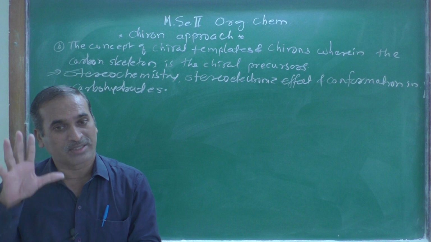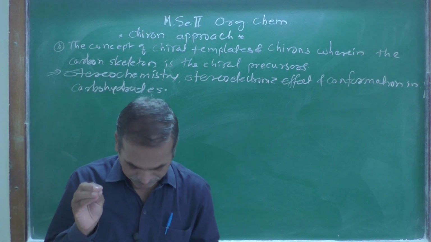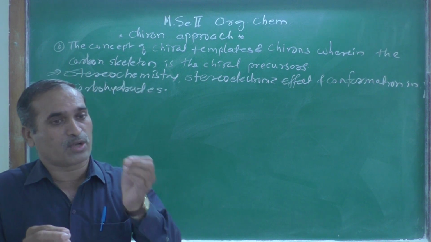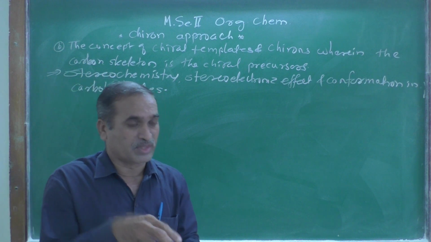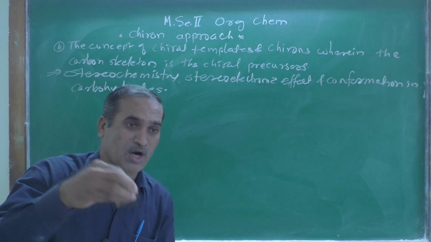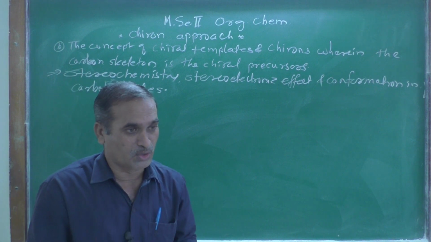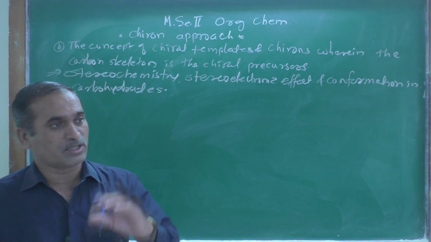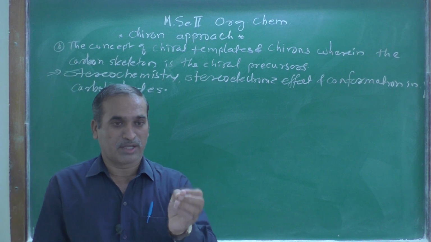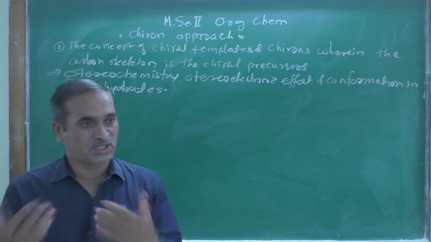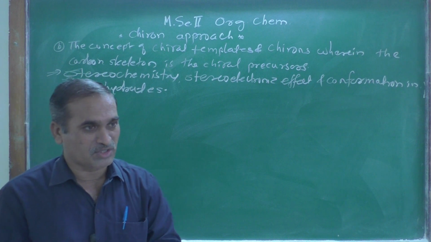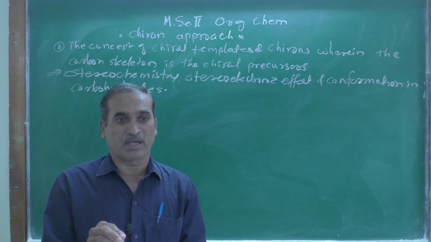There are 6 compounds whose retrosynthesis and laboratory synthesis we are going to learn. Number 1, propanediol, then RS epichlorohydrin, then minus multistatin, then pentamycin, then shikimic acid.